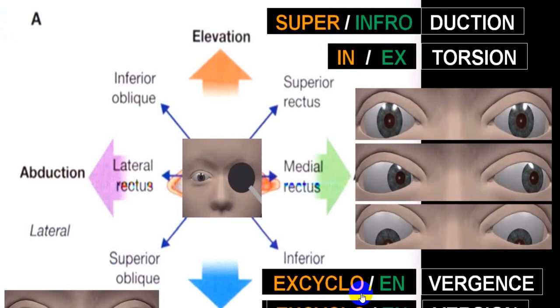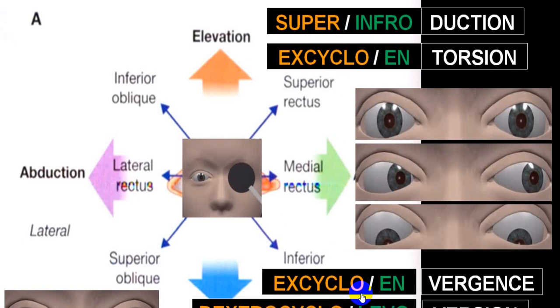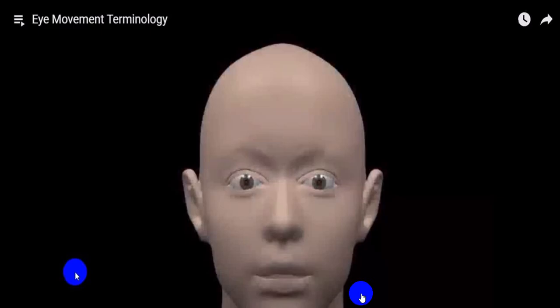Some other terms are superduction, infraduction, superversion, infraversion. These are some of the terms which are commonly utilized. And you can combine excyclotorsion and encyclotorsion, dextrocyclo and levocyclo. Now, we'll be going through this particular video. Just pay attention. These are some of the terminology which will be utilized.